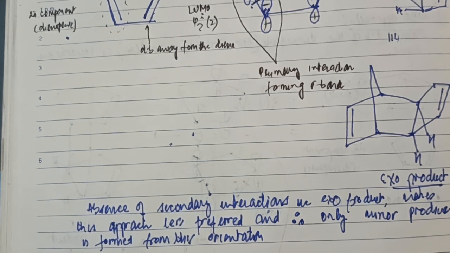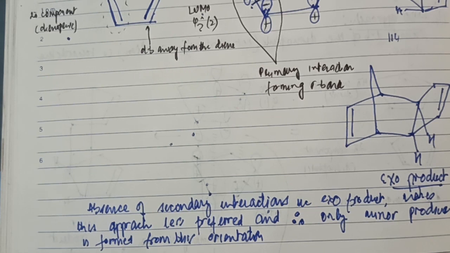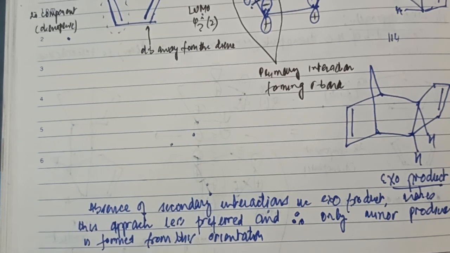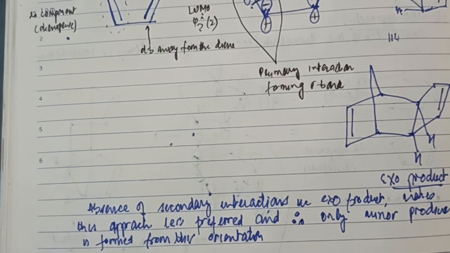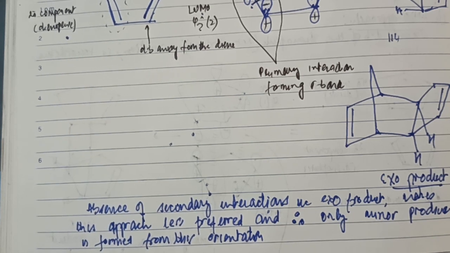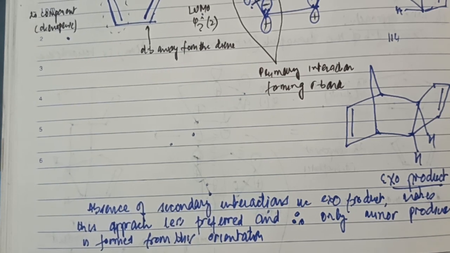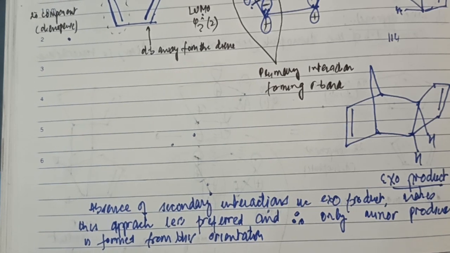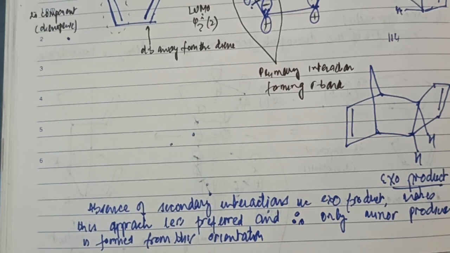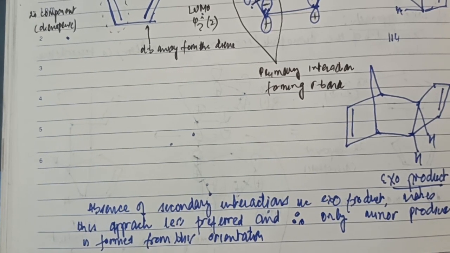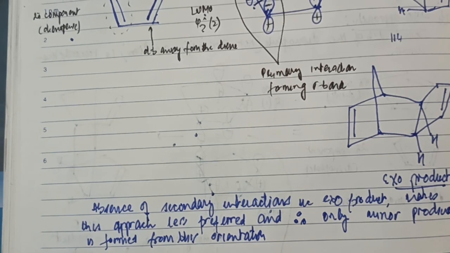The reason for the predominance of the endo transition state is that in the endo transition state, apart from the favorable primary bonding interactions, there is a favorable bonding secondary orbital interaction which locks the molecule in a conformation which is sterically more crowded but energetically more stable, and that orientation will lead to the formation of the product in more amounts, as the major product in comparison with the exo product. So this is something regarding the cis endo rule.